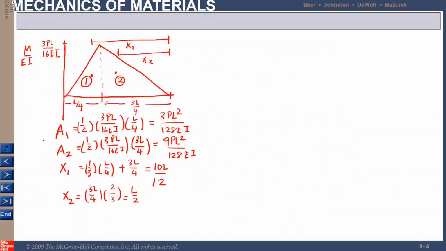So from the values of A and x bar that we already found in this moment area curve, we can proceed to find our theta A. Our theta A is just minus t B over A divided by L. We can find t B over A as A1 x1 plus A2 x2.